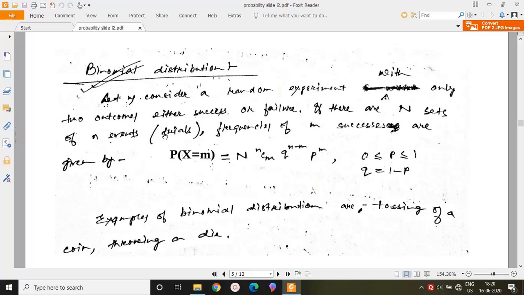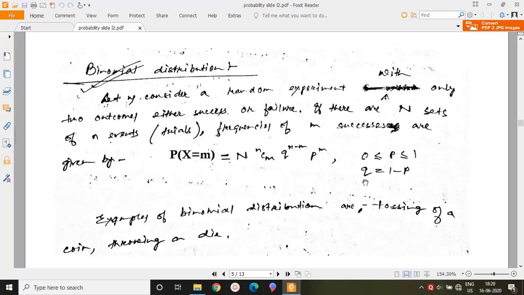Small n is the number of trials, and the frequency of m successes is given by the probability of capital X equals small m, equals capital N, nCm q to the power n minus m, p to the power m. 0 less than or equal to p less than or equal to 1, q is 1 minus p.